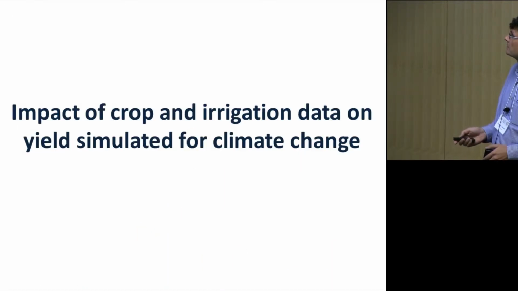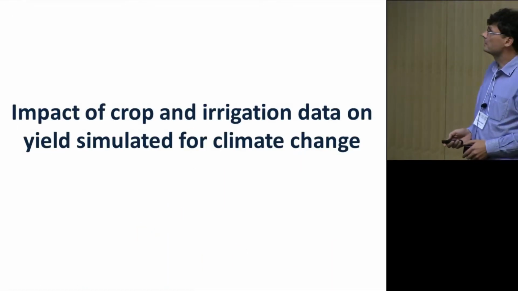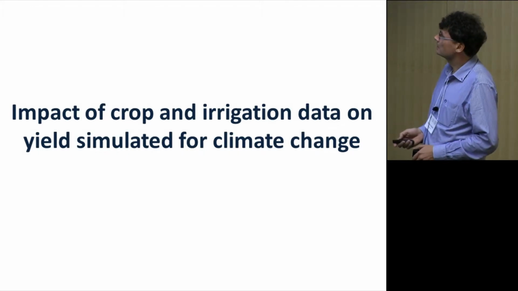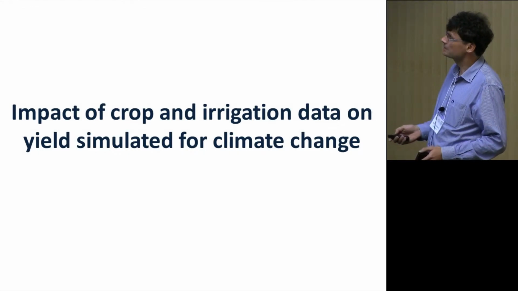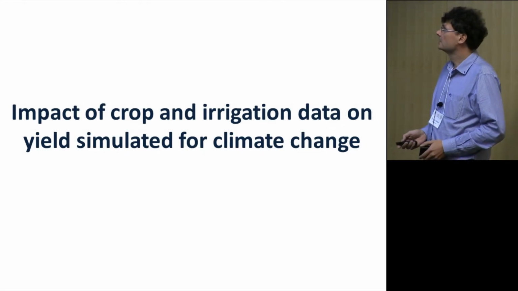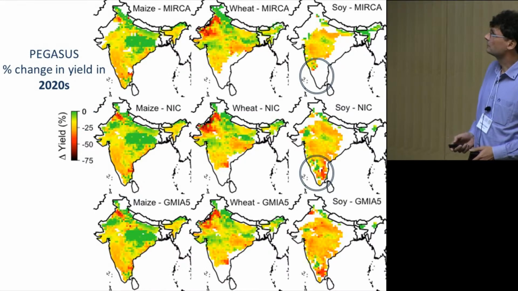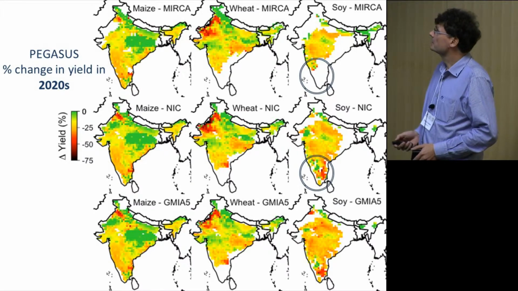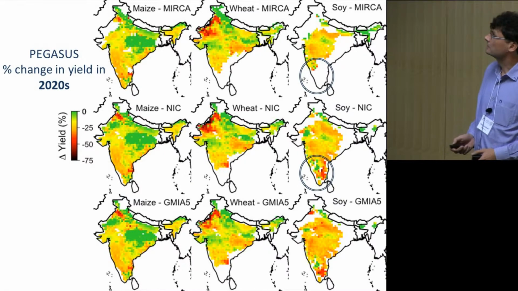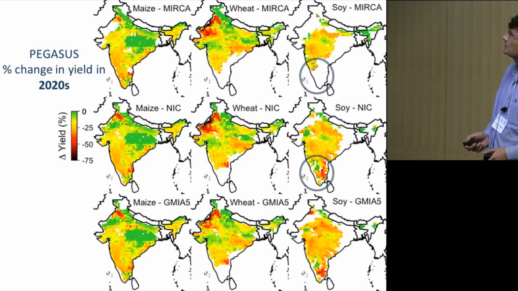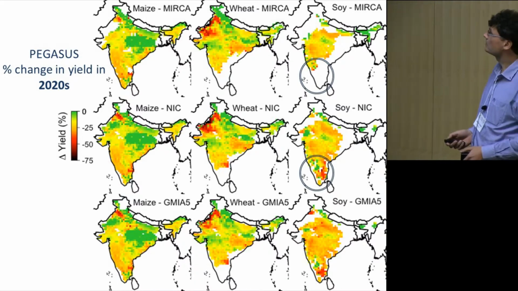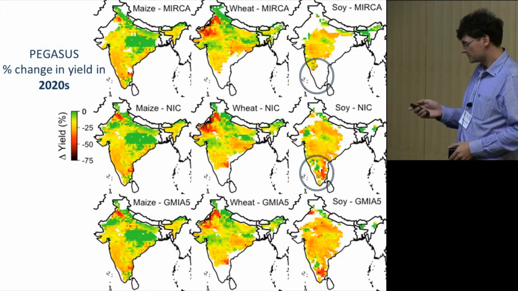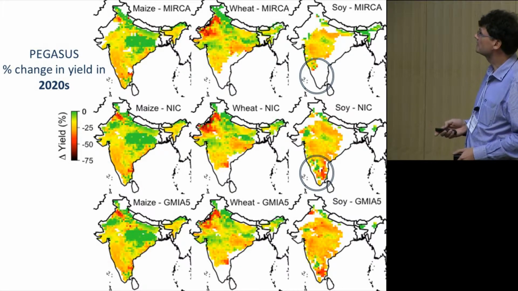And so let's now look at the impact of these different data on simulated yields under climate change. First let's have a look at the 2020s. So this is the difference in crop yield simulated by Pegasus for the different crops with the different data.